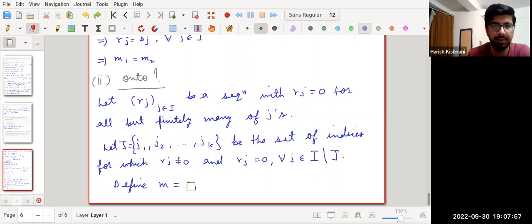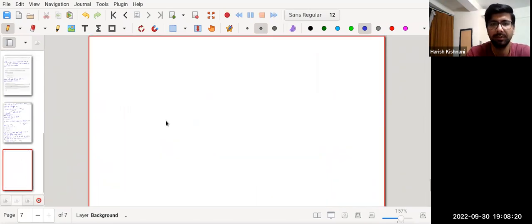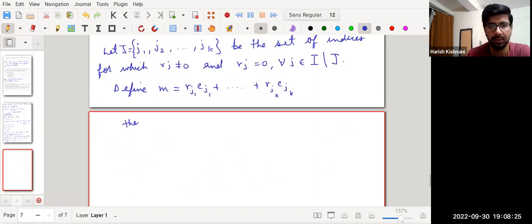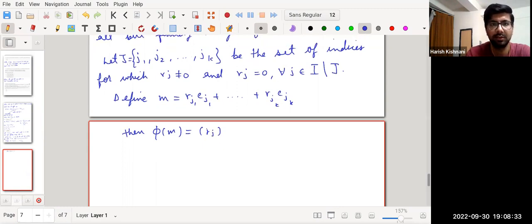Define M to be the set with this R_j1 E_j1 ... R_jk E_jk, right? So you can take this element inside your M, then phi of M, if you look at that, it will be your sequence R_j, right?